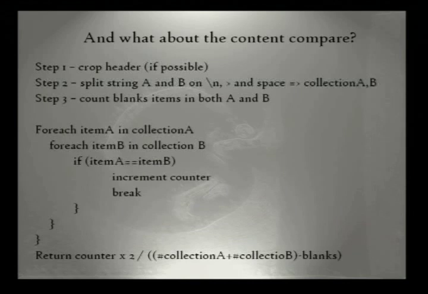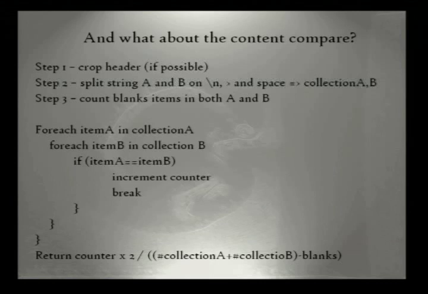Okay, how does the content comparison work? Well, let's see. Step one, we crop the header, if we can. If there's nothing in the body, we use the header because then that's all we have left. We split the strings. Let's say we're comparing string A and B. We split string A and string B on new lines, on tag brackets, and on spaces.